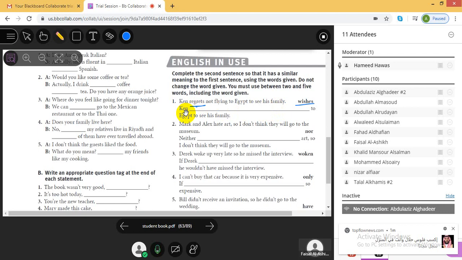So who can form it? Muhammad did it before. Muhammad Sairi. Thank you, Muhammad. Ken wishes. What do we use after I wish here? Past simple or past perfect?